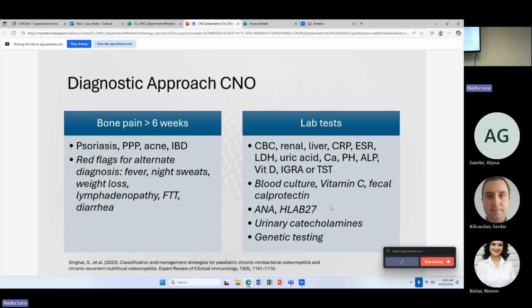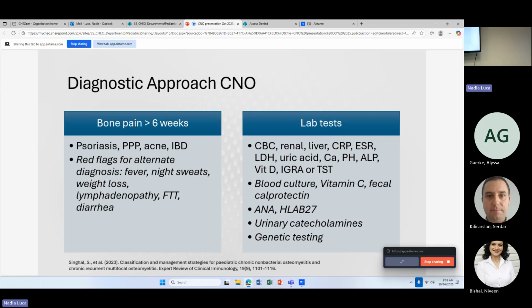Okay, so the diagnostic approach, I think this is probably the most useful part here, is what to do when you're presented with a patient like this. So entry criteria, you've got bone pain or MSK pain for more than 6 weeks. On your history and physical, you're screening for any of the associated conditions that I just mentioned, but you're also looking for red flags for other things.